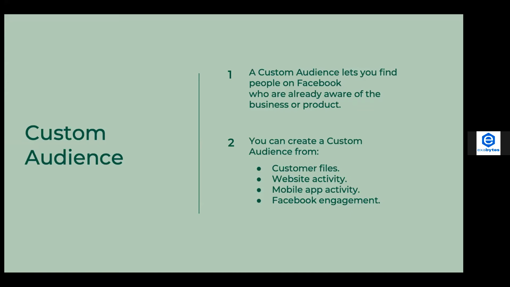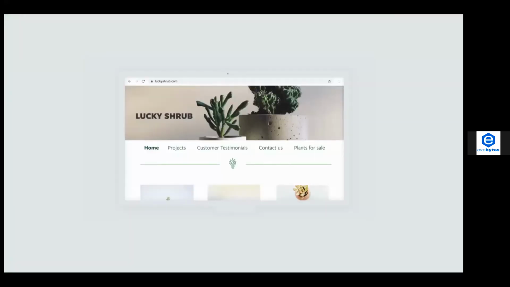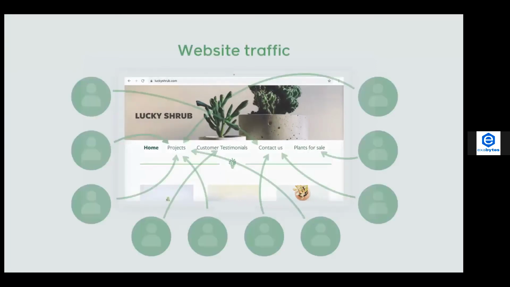So let's look at an example of how this works. This is the company Lucky Shrub's website. If you look at the website, there are different tabs: the home, the projects tab, the customer testimony, plans for sale, etc. The marketing team has determined that those who spend time on the project design pages are very likely to be interested in designing a garden.